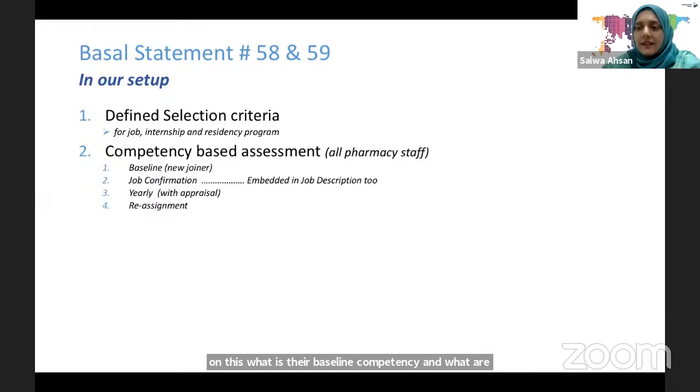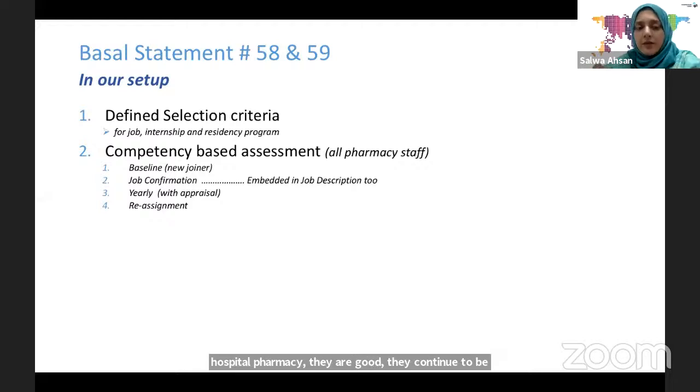Then this is repeated at the job confirmation time, which is usually a 3 month probationary period. The main points of these competency checklists are also embedded in their job description, so that they know exactly that they will be performing these core tasks throughout their assignment to that area. Then we repeat it on an annual basis while doing the appraisals of our staff, so that we make sure the pharmacists, in whatever section of the hospital pharmacy they are deputed, continue to be competent in that area.